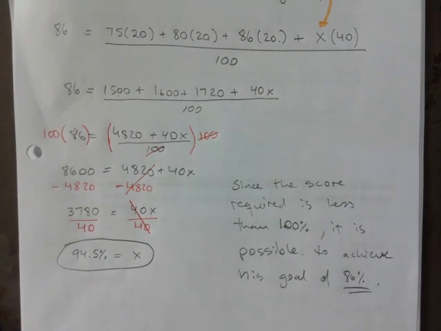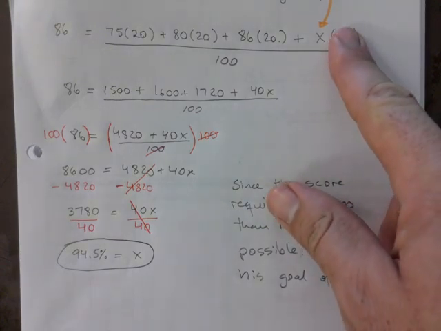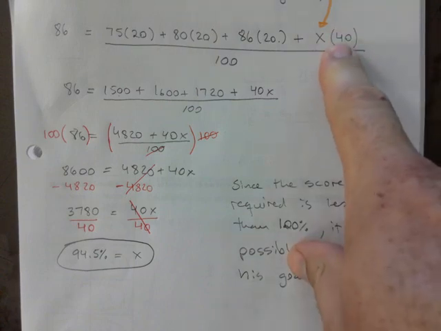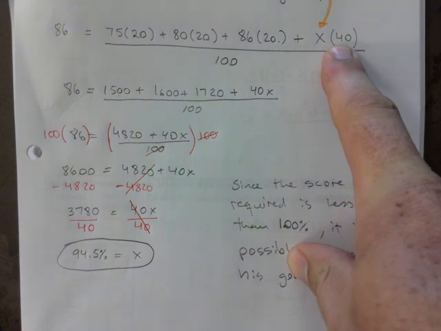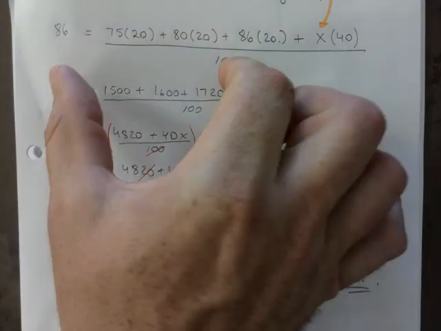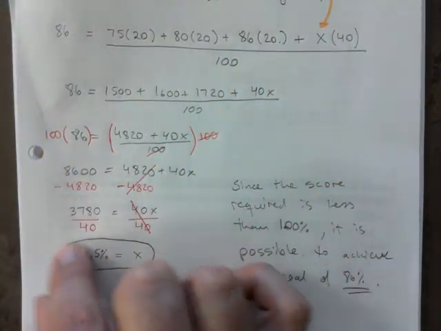And notice that your initial setup looks a little different than before, because before that final drive or the final test or whatever didn't have a weight attached to it. Now it does. So that's difference number one. And then everything else, though, at first is the same, except for this last step here.